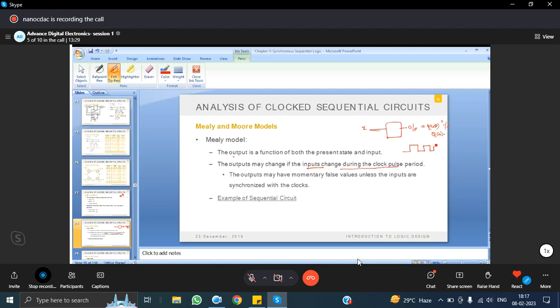If the inputs change while the clock pulse is triggering, from 1 to 0 or 0 to 1, obviously the outputs may change. If the input x is not synchronized with the clock, you will get false values. If the input is not latched with the edge of the clock, the output may be wrong. Okay, so you can see the example here.